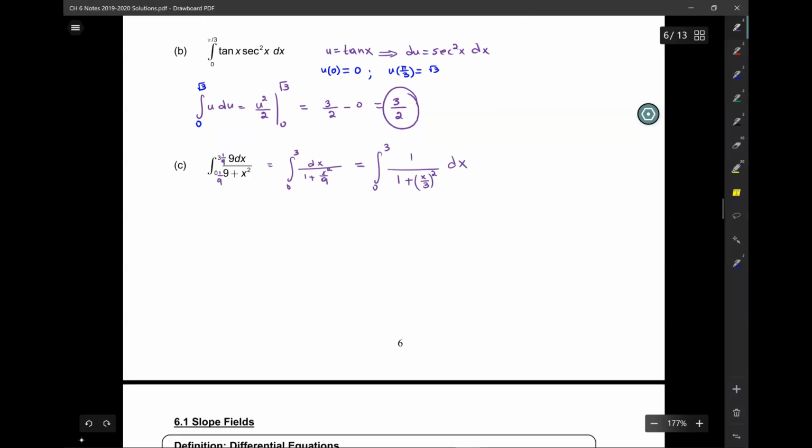except I still need a u here. So what's the u going to be? x over 3, which means du is 1 over 3 dx. So now, can you do the shortcut? Let's not, because this is turning out to be rather complicated. So now I have 1 over 1 plus u squared du, right?